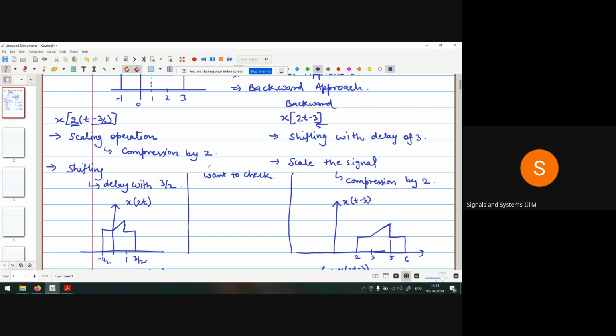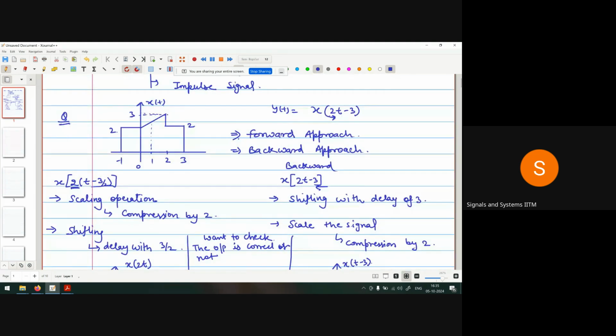Now if I want to check whether the output is correct or not, there is a quick method. So what I do in this case is take this as my starting point and this as my ending point for the x of t signal.